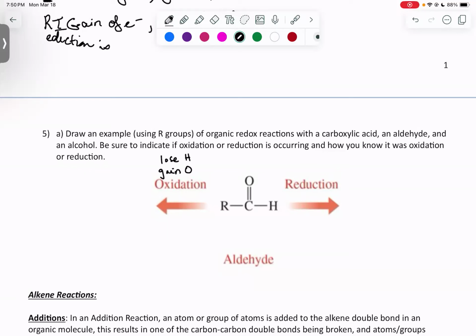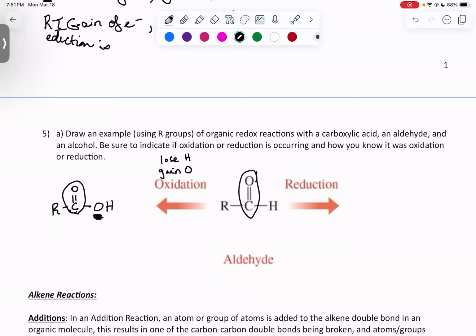So what could happen? Well, I'm going to keep my R group. My R group's not going to change. And so I need to look at what's going to happen to my carbon. In my initial substance, my carbon is attached to one oxygen. But if I now attach it to two oxygens, see how I picked up this oxygen?